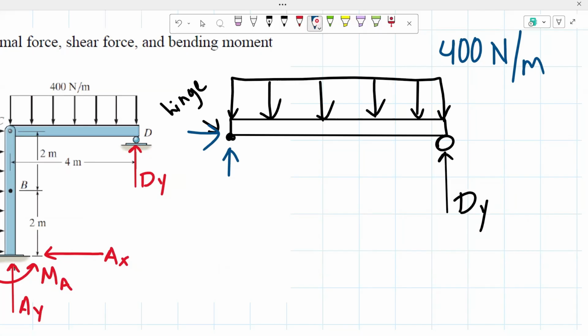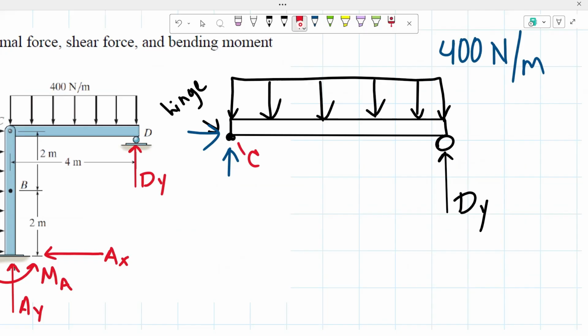To determine the value of my reaction D sub y, which is the one I really need to find to then determine the normal force, shear force, and moment at point B, I'm going to take the sum of the moments about point C, which happens to be where our hinge support is.